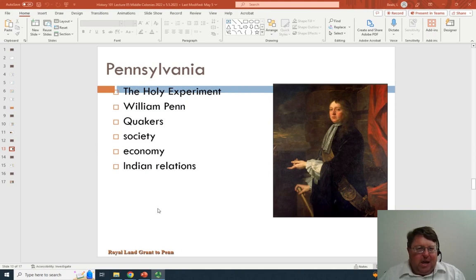And so what does that tell you about Pennsylvania society? Pennsylvania society turns out to be, from our point of view, one of the more quote-unquote liberal, meaning open or broad, colonies. Pretty much everyone's welcome.